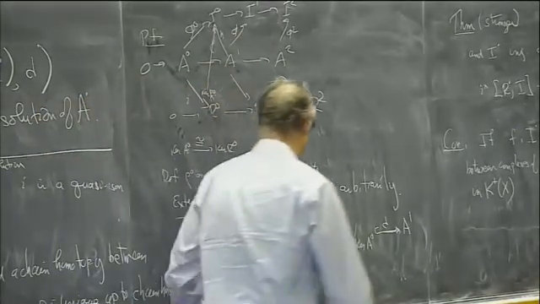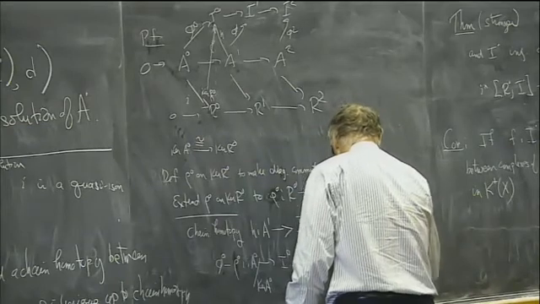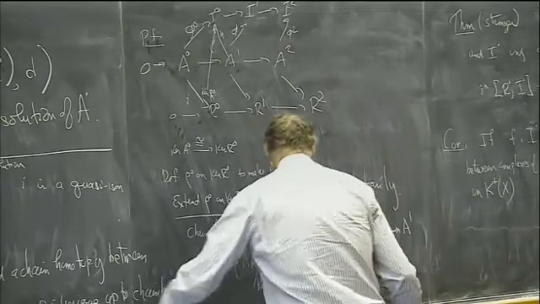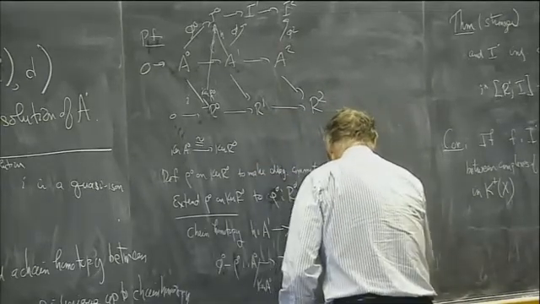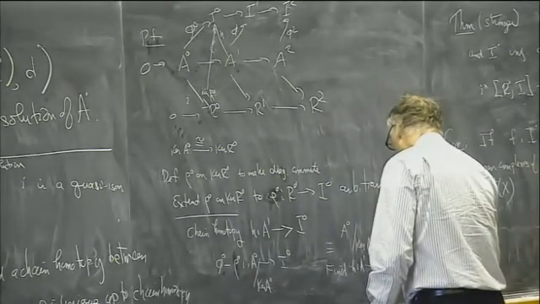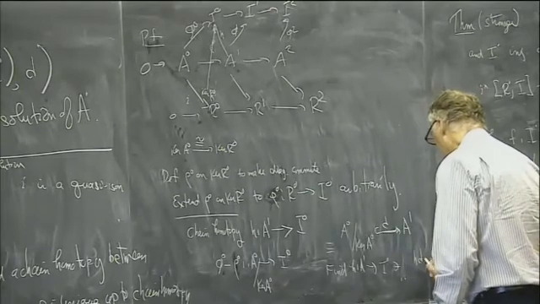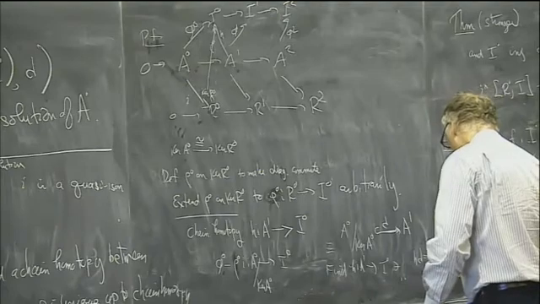So find an H mapping A1 into I naught, such that DH equals phi naught minus I rho naught.